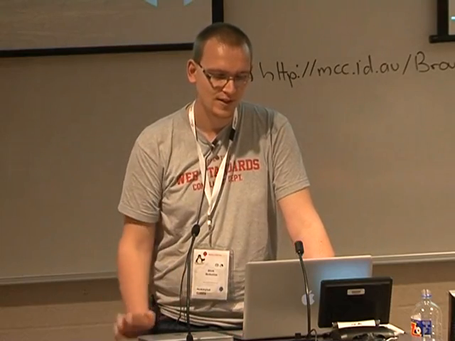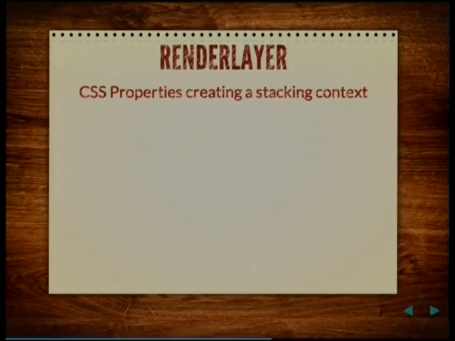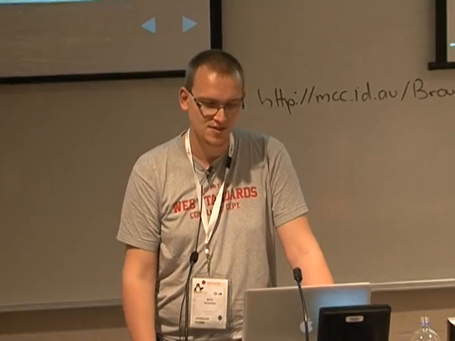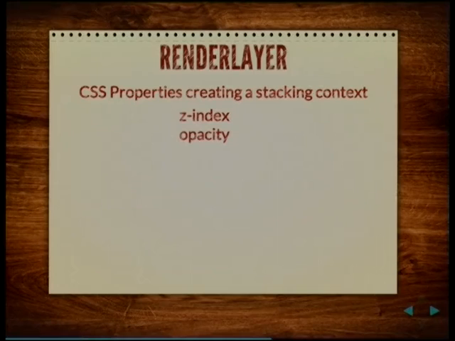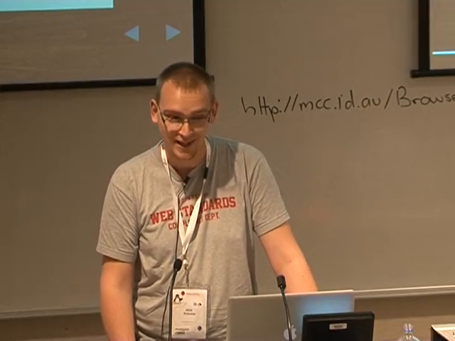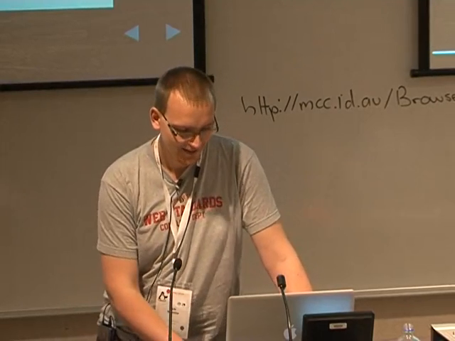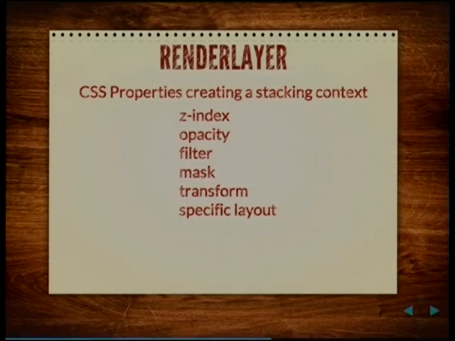So, as said before, the stacking context is something that's specified by CSS 2.1 again. There are several CSS properties that can create a stacking context. One of them is, of course, z-index. We talked about that. Another one is opacity, filter, mask. Filter and mask are new properties. Transform is also quite new, but we have a specification that's quite ready. And some specific layout.